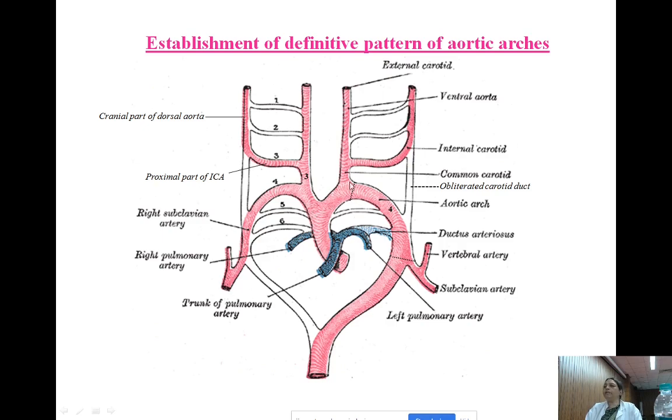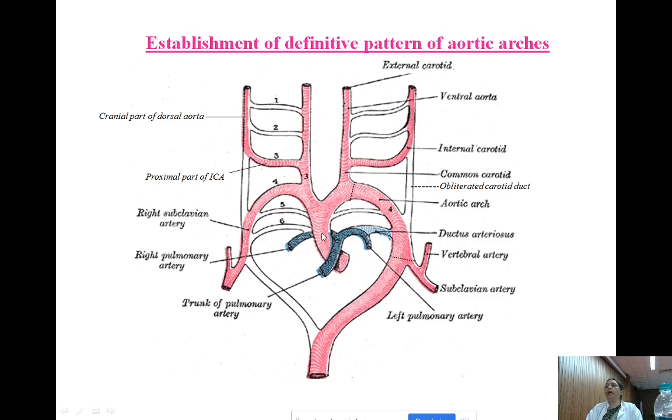Whereas in the case of the left side, the left horn of the aortic sac and the aortic sac itself will form the ascending aorta and part of the arch of the aorta. Then the fourth aortic arch, up to the connection with the seventh intersegmental artery, will form the rest of the arch of the aorta.